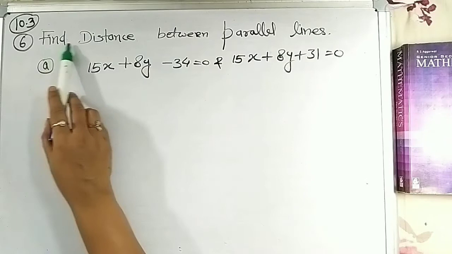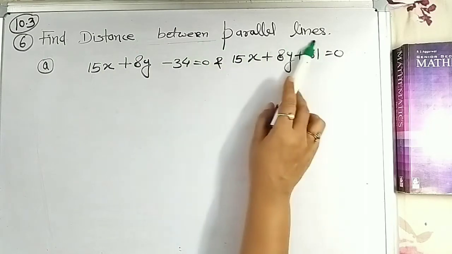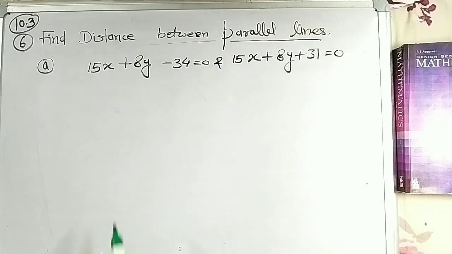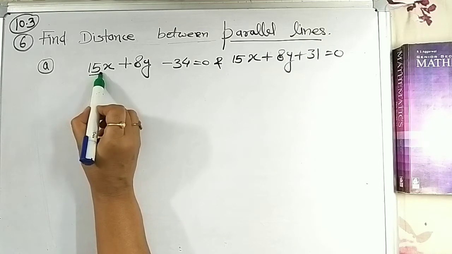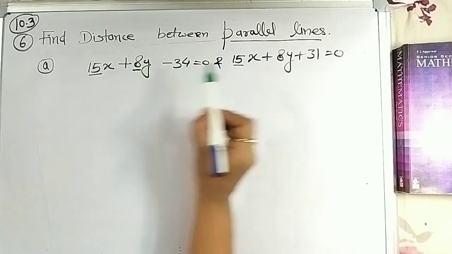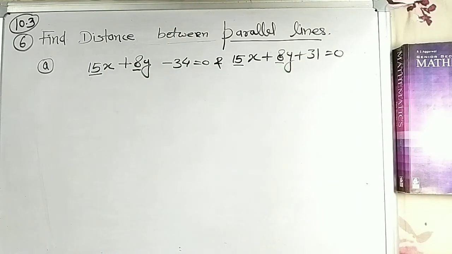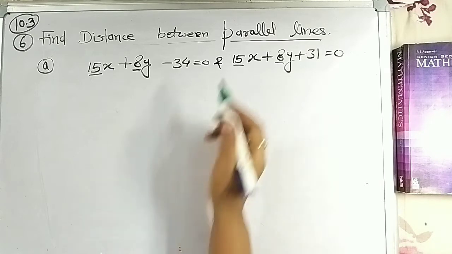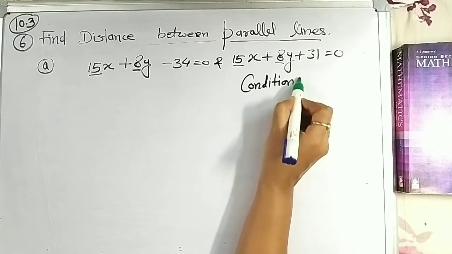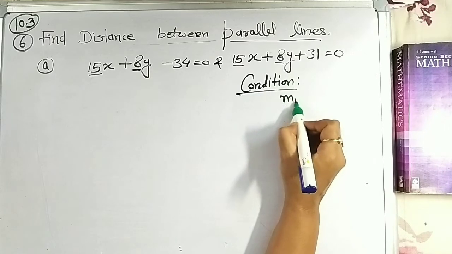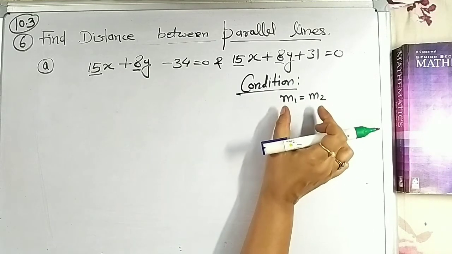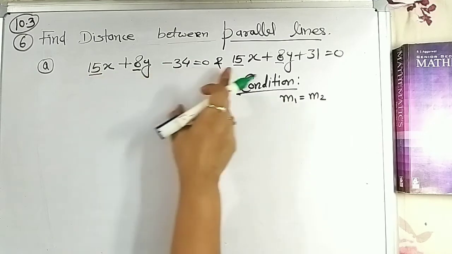Question 6, it says find the distance between parallel lines. Guys, remember, if lines are parallel, the coefficient of x should be same and coefficient of y should be same. That is the key. For parallel lines, the condition is that m1 should be equal to m2, and these two will be equal only if the coefficients of x and y are same.